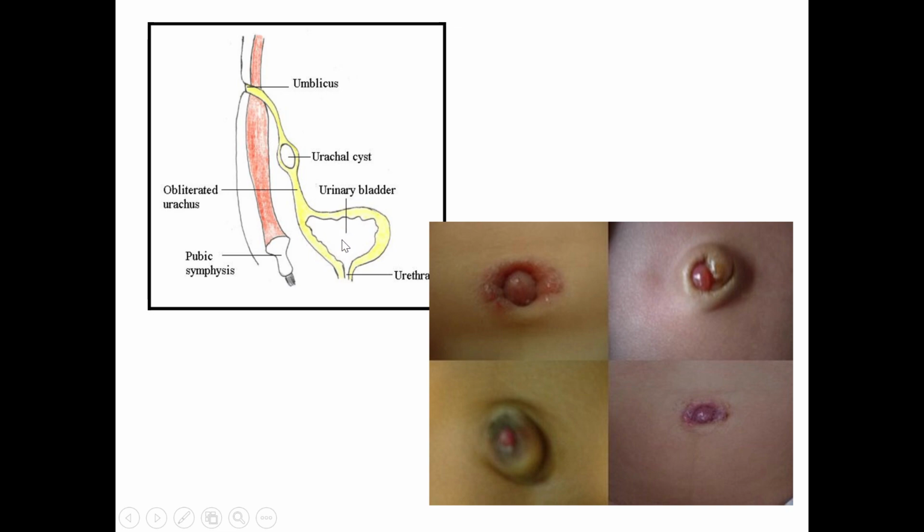It helps to drain the urinary bladder out through the umbilicus, and this goes to the mother's circulation. So once the work is done, this structure, allantois, forms a fibrous remnant, which is called the urachus. Sometimes this structure can give rise to a cyst, which is called a urachal cyst. Okay, and this can appear like this on the surface, somewhere in the umbilicus.